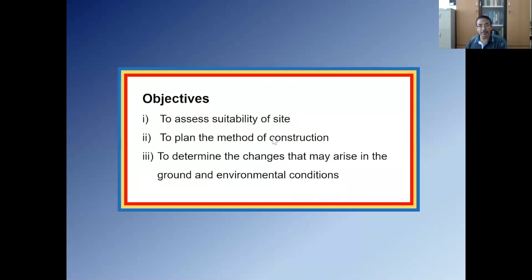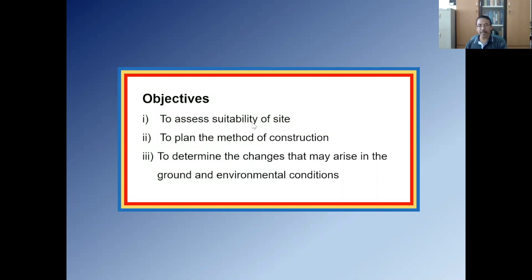In order to achieve the aims, which is to obtain safe and economical design, there are 3 objectives that must be satisfied. First, to assess the suitability of the site.